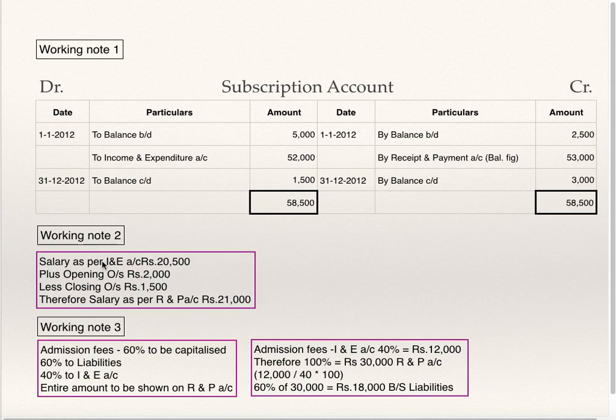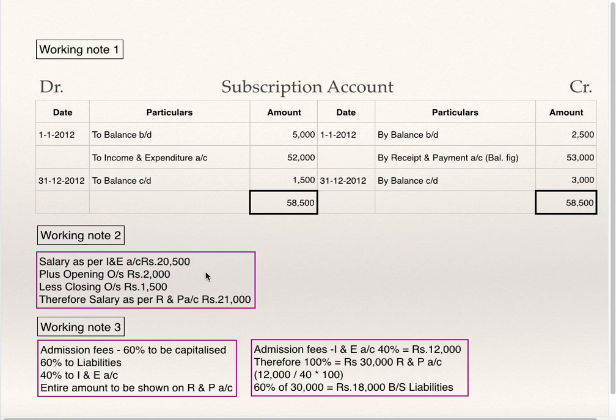Working note number 2, salary as per income expenditure account is given as 20,500 plus opening outstanding which is given in the opening balance sheet minus closing outstanding which is given in the adjustment. Therefore, salary as per receipt payment account is 21,000.